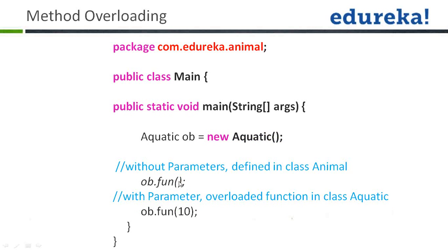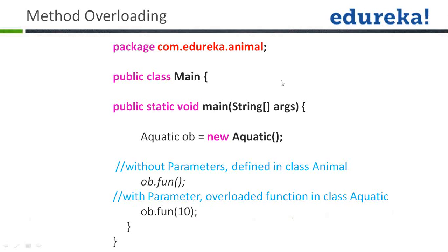In the first function call, I'm not passing any parameters, so it will call the function of the parent class. So that is written without parameters defined in class animal. Second, I'm passing a parameter, that is an integer value, so it prints with parameter overloaded function in class aquatic.